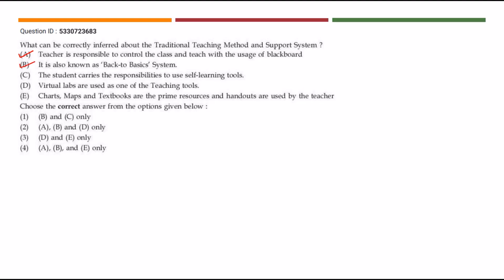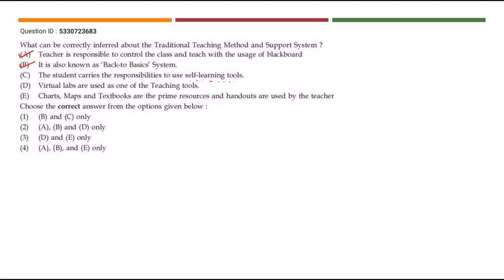The student carries the responsibilities to use self-learning tools. In traditional teaching, students did not make use of self-learning tools. Whatever information the teacher provided, that was the only information for the students. Whatever textbook is given by the teacher or the school, that will alone be referred by the students. So self-learning tools are latest tools that you can take, online courses or YouTube channels, anything.